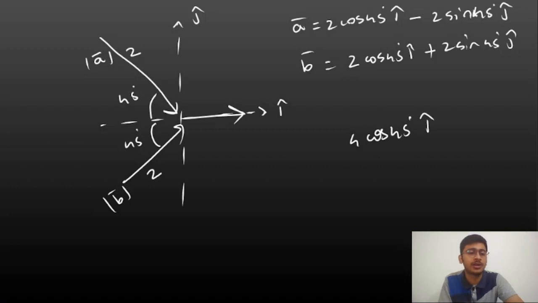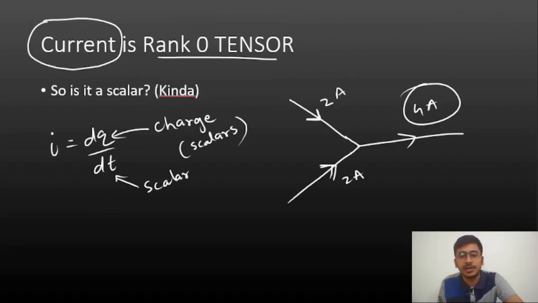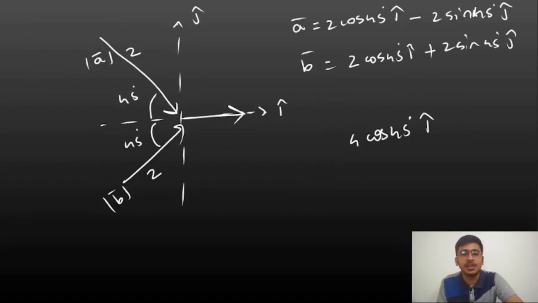It's not 4 like the way we saw in current, where we directly added 2 and 2 to give 4. In vectors, if I imagine two forces here, the vertical components cancel each other and only the horizontal is left, but it is less than the sum of the magnitudes. So I get 4 cos 45, which is 4 into 1 by root 2 i cap.